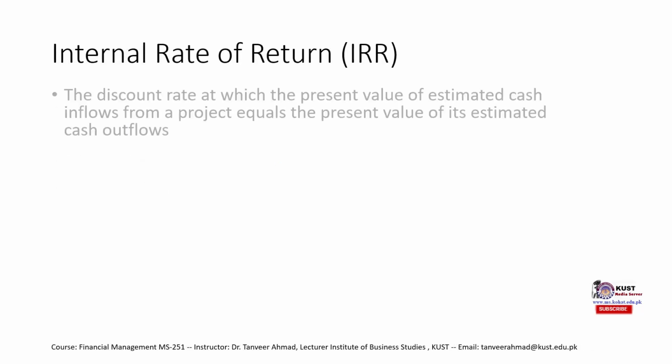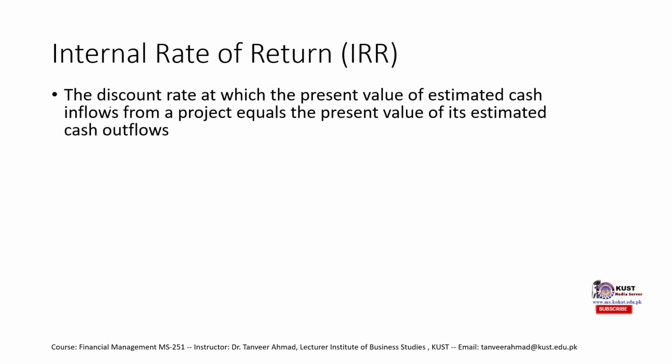So starting with what IRR is, it is the discount rate at which the present value of cash inflows of a project equals the present value of cash outflows. I repeat, it is the rate, the value of R. Remember, how do we find the present value? It is future value divided by 1 plus R raised to power n, right?